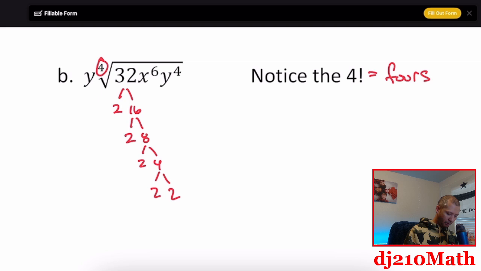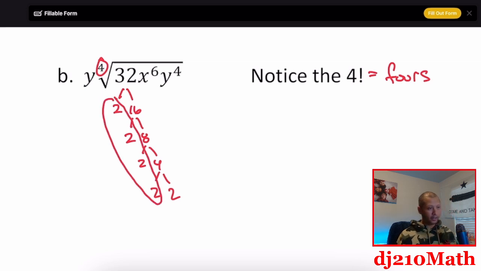So a group of 4. There it is. There's a group of 4. All that's going to come out as a single 2. And what's outside is just a y. So right now outside we're going to have 2y. Left inside so far is a single 2.